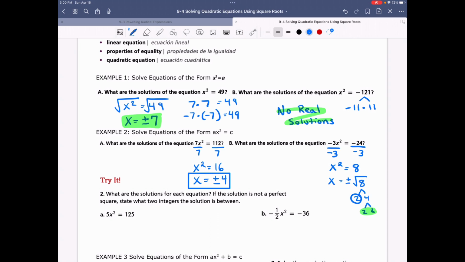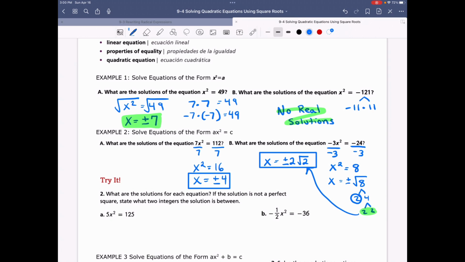And I'm going to rewrite my answer up here. So if x was equal to plus or minus the square root of 8, and I'm simplifying the square root of 8, a 2 comes out and a 2 stays in, the answer will be plus or minus 2 square roots of 2.